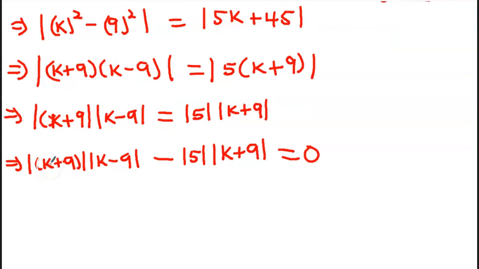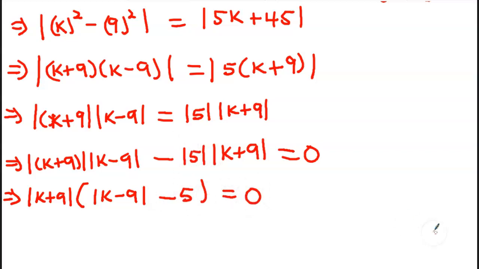Okay, we have absolute value of k plus 9 here, absolute value of k plus 9. So let's bring it out. So absolute value of k plus 9 out. So we are going to have absolute value of k minus 9 minus this absolute value of 5, which is the same as 5, which is equal to 0.